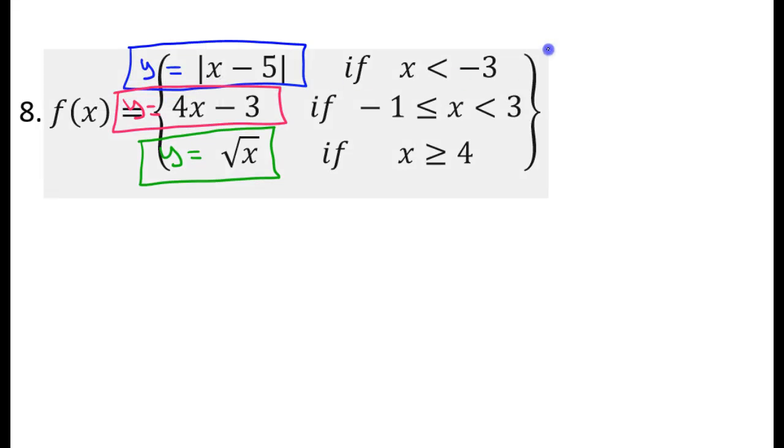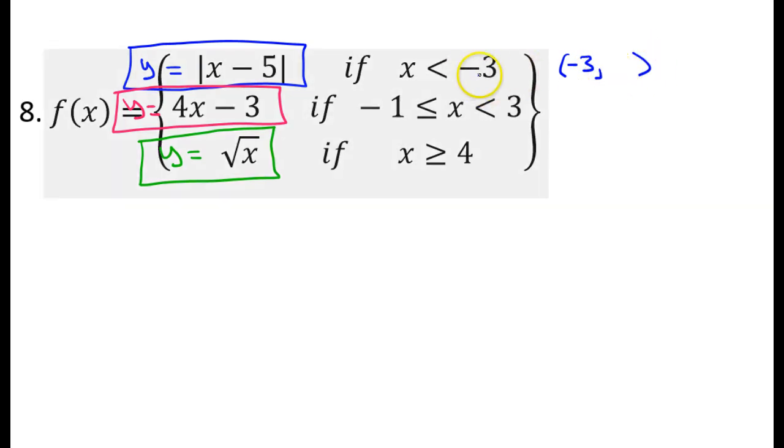Let's start with the blue piece. Because this is a piece of a function, it's going to have at least one endpoint. This number right here in the domain of the piece tells me the x-coordinate of the endpoint. So I will have an endpoint at -3 comma something. What's the y value?